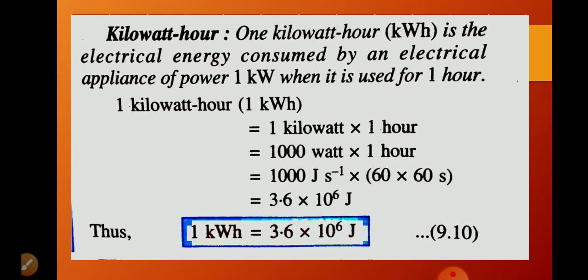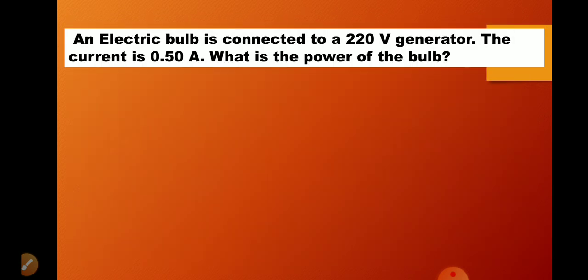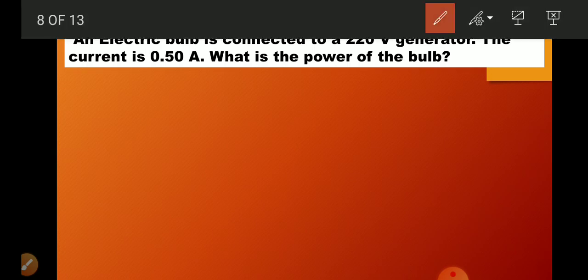Based on these expressions of electric power, the first problem: an electric bulb is connected to a 220 volt generator. The current is 0.50 ampere. What is the power of the bulb? So what is given here? Voltage V is equal to 220 volt.